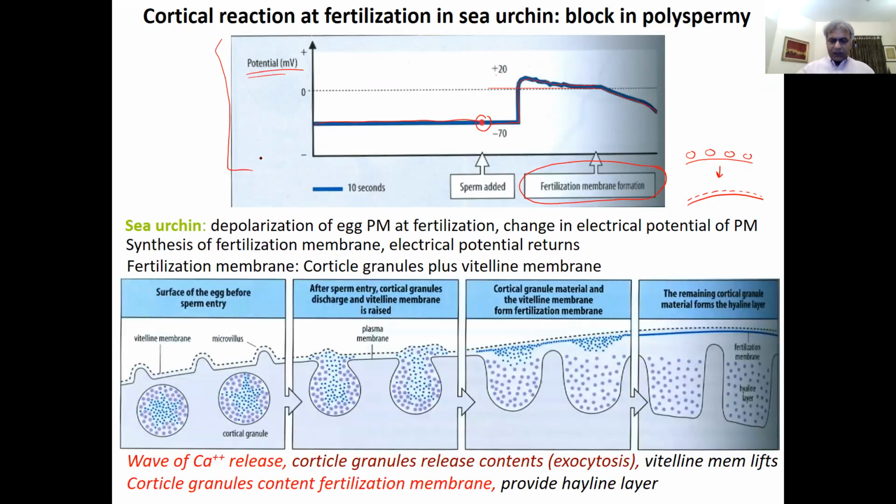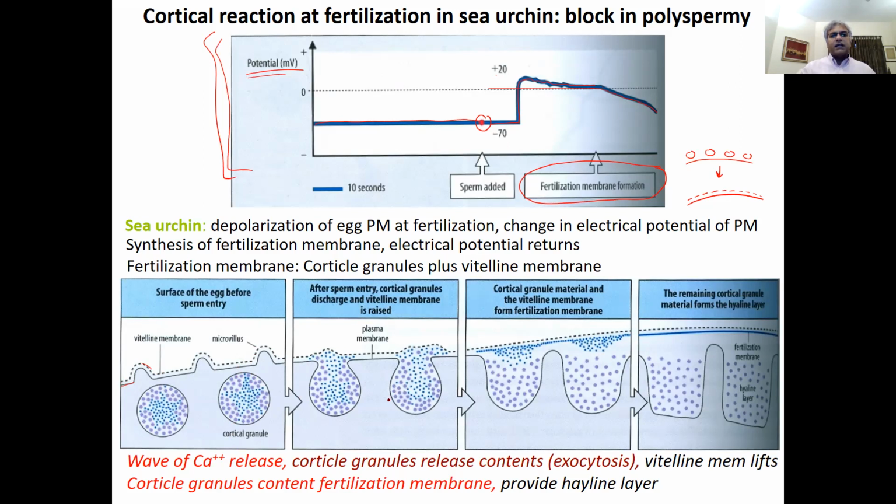So this is what is happening, which is being measured in case of electrical potential. So you have here a vitelline membrane, then this is the plasma membrane. The outside of this dotted line is the vitelline membrane. And within the cell, you have these cortical granules.